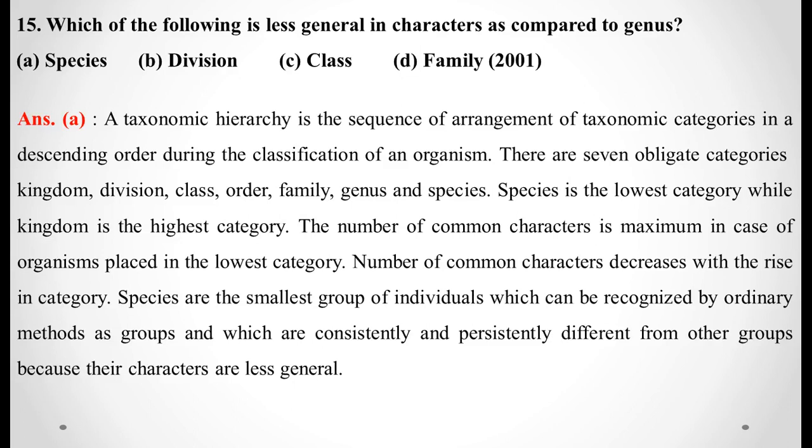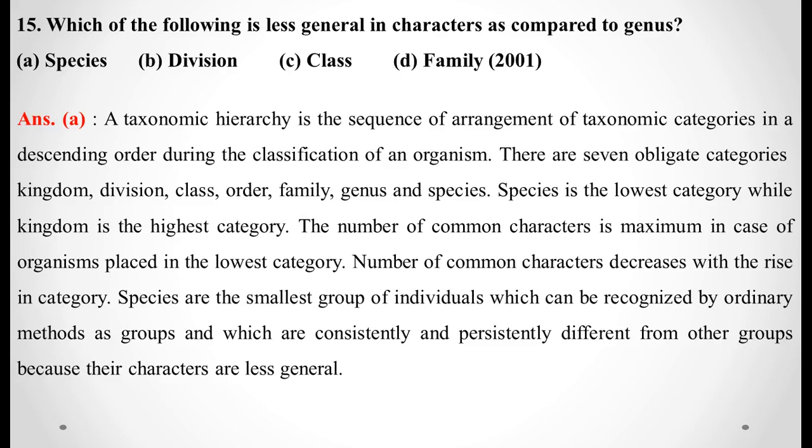Number of common characters is maximum in organisms placed in the lowest category and decreases with the rise in category. Species is the smallest group of individuals which can be recognized by ordinary method as a group and which are consistently and persistently different from other groups because their characters are less general. So the right option is option A.